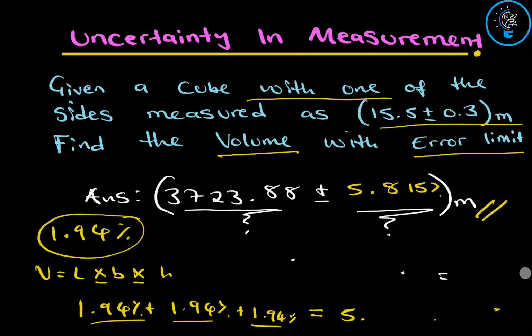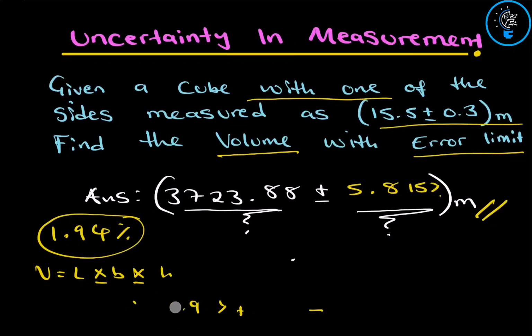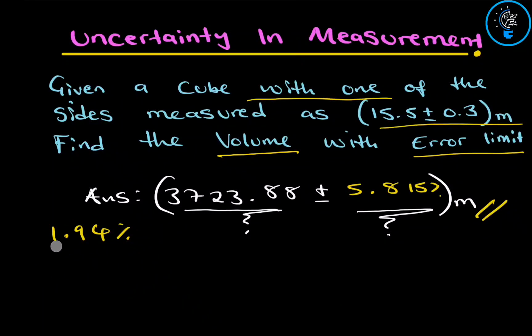Now to summarize: when you're dealing with a formula that has a power, let's say a power of n, to find the uncertainty of your solution, you say the power, in this case n, times the percentage uncertainty of this given side.